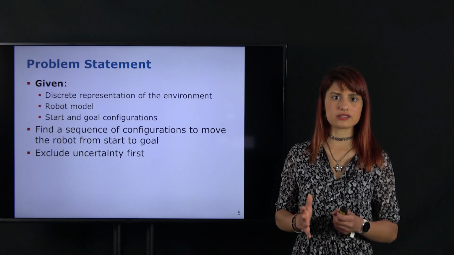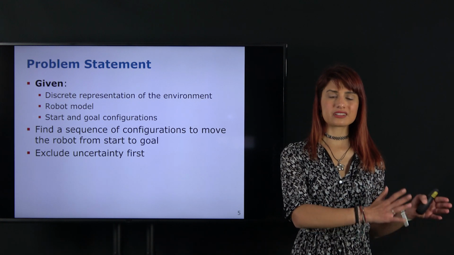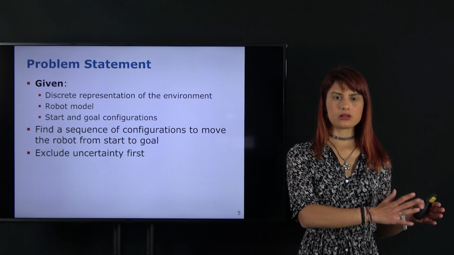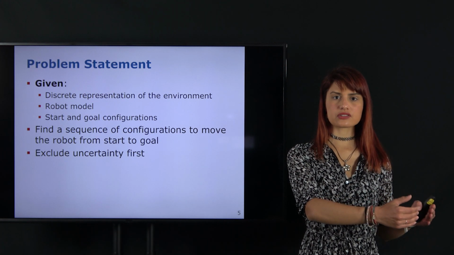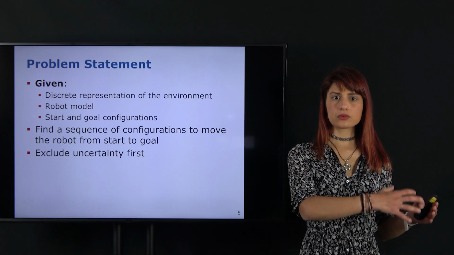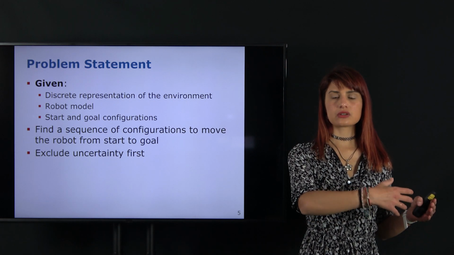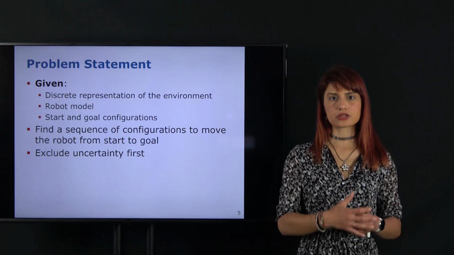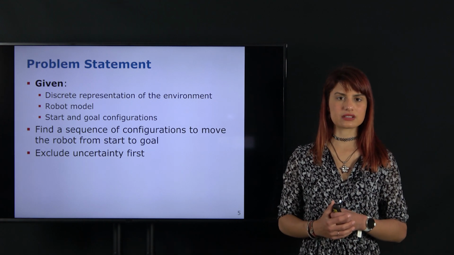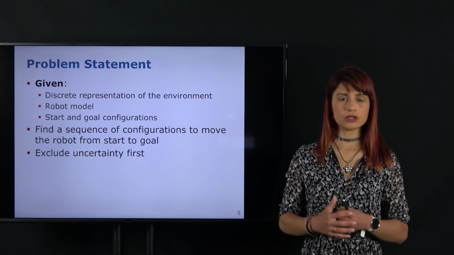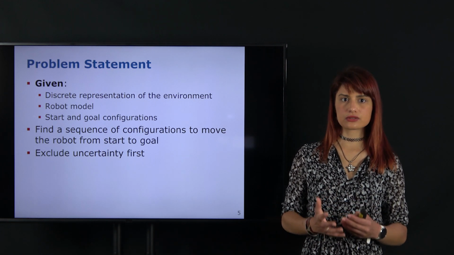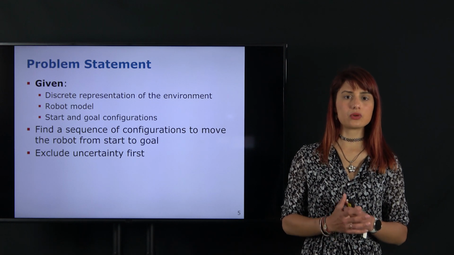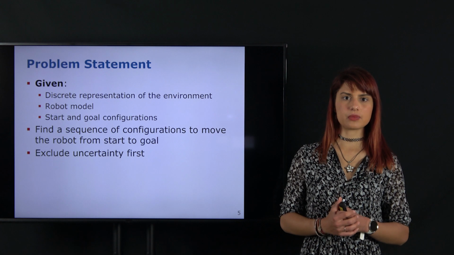This is in contrast to our previous material on decision making, where we had an explicit model of the robot action uncertainty, and then we used this in order to generate the probabilistic expected rewards when the robot takes particular actions in a sequence or decisions. Over here, in line with the discrete nature of the problem, we'll be assuming that the robot can move perfectly when we generate a path for it.